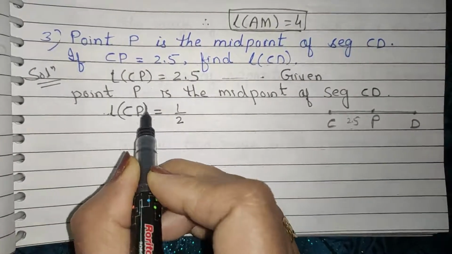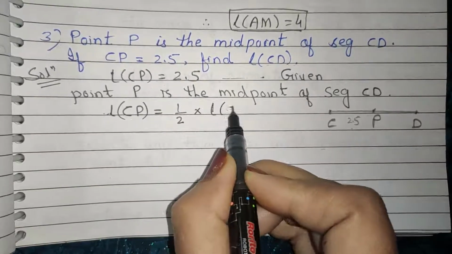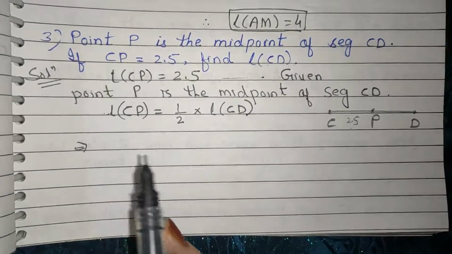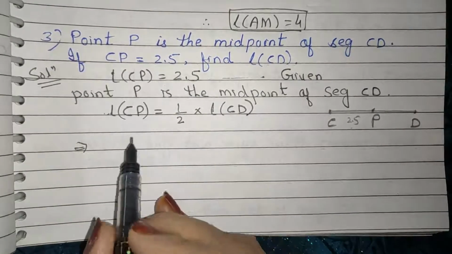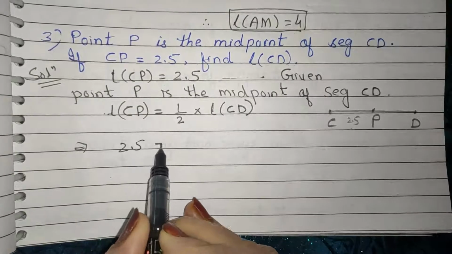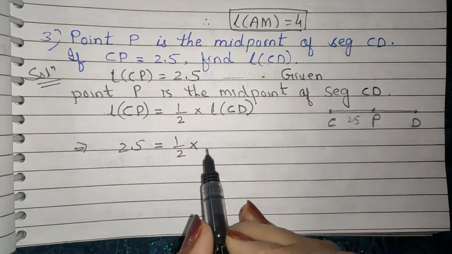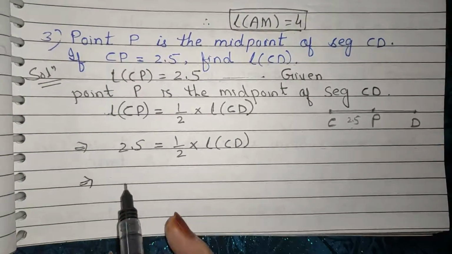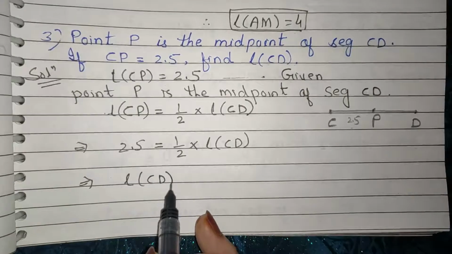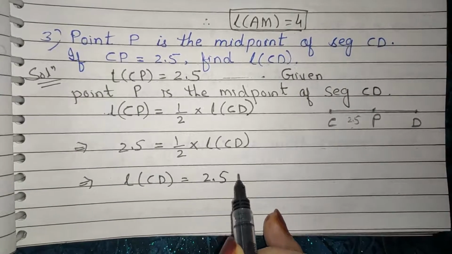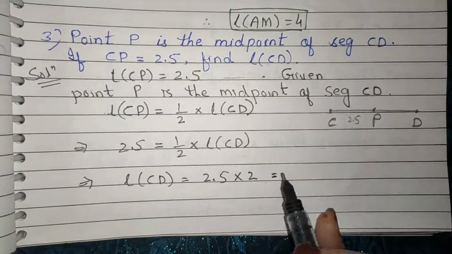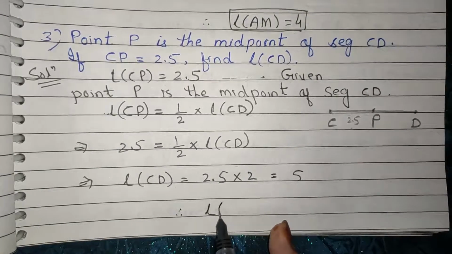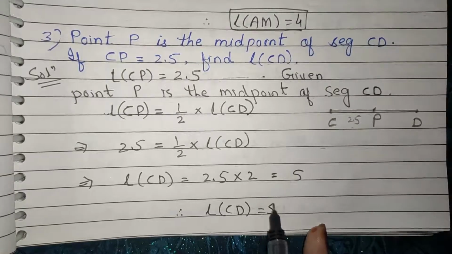Length CP is equal to half of length CD. Now substituting the values, CP is equal to 2.5, therefore 2.5 is equal to 1 upon 2 into length of CD. Now cross multiplying, we get here length of CD is equal to 2.5 into 2, which is equal to 5. Okay, therefore write down the answer here. Length of CD is equal to 5.